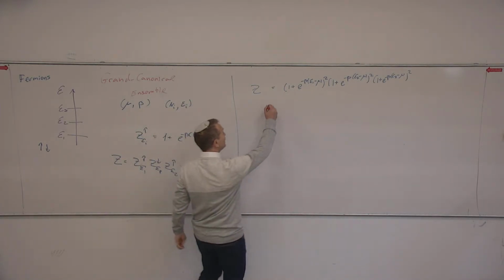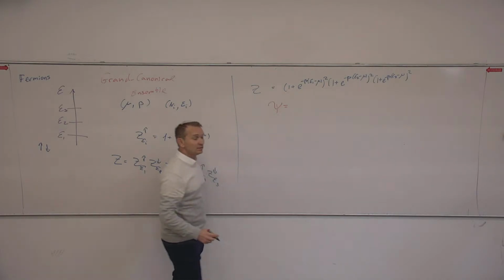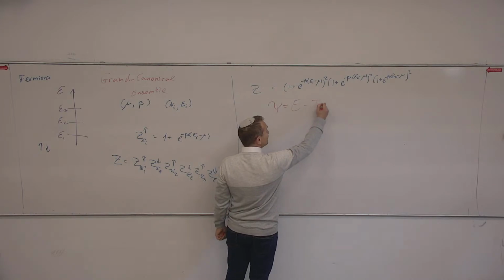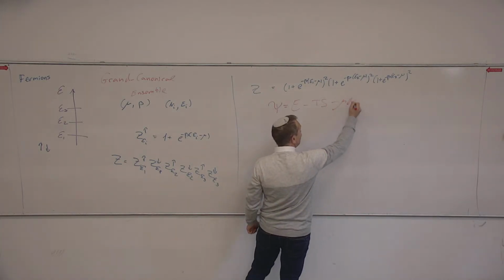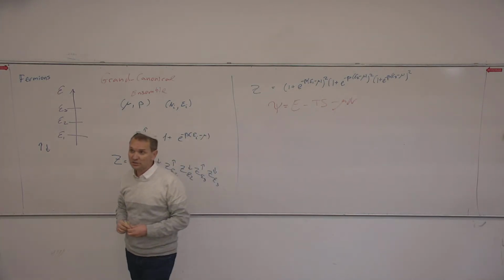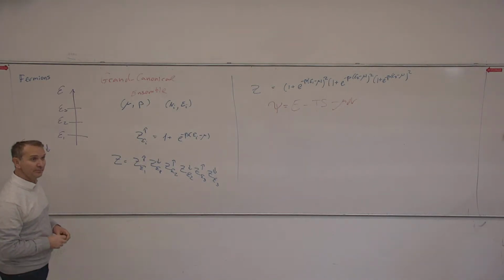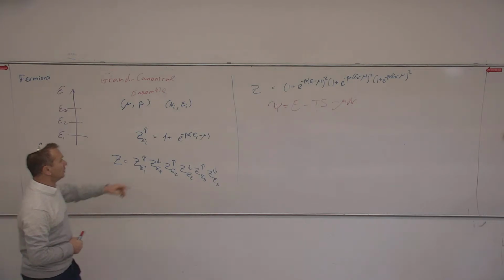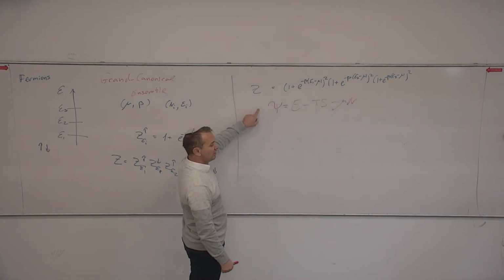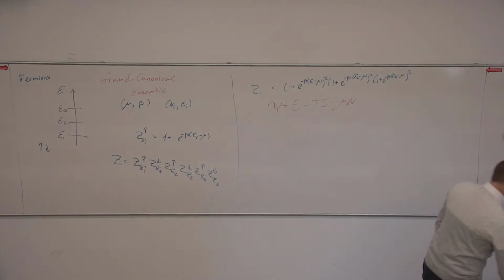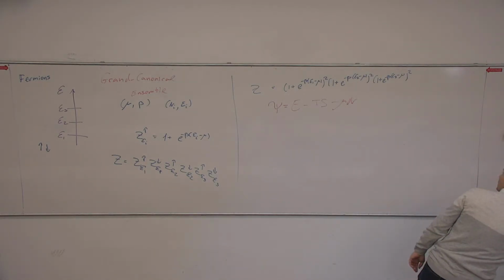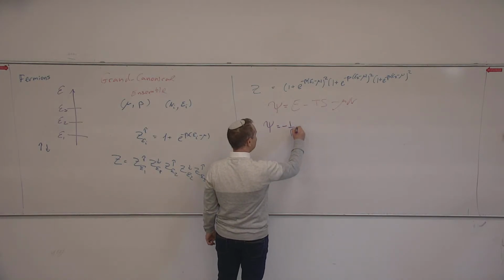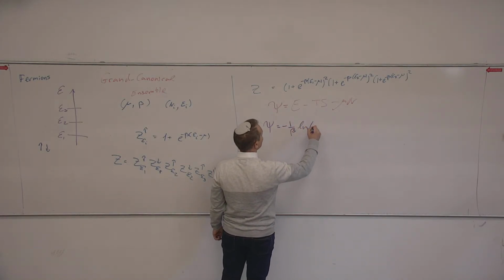It is the Legendre transformation of the energy, E minus Ts minus mu N. Our coordinates become T and mu instead of S and N. And this is the grand canonical potential. So there is the partition function, there is the grand canonical potential, and the connection between those two is psi equals minus 1 over beta log of Z.